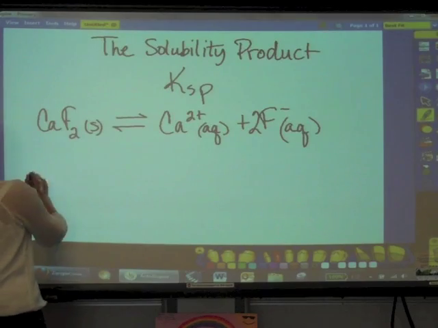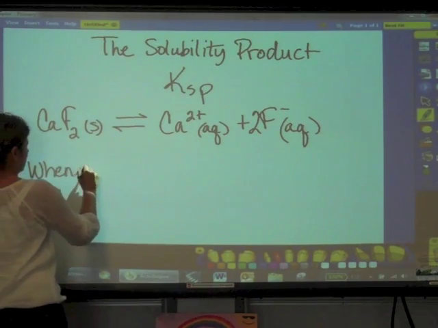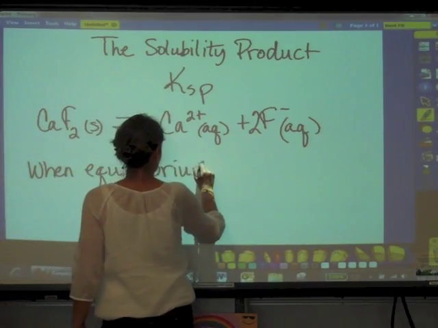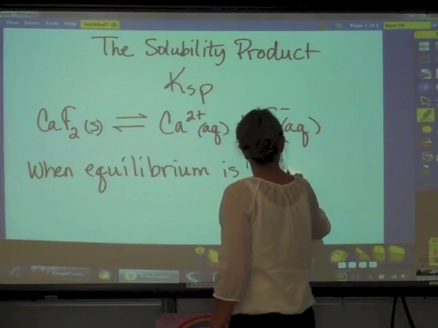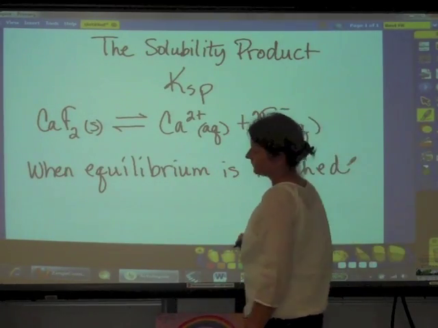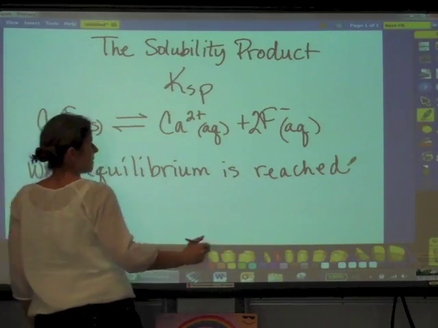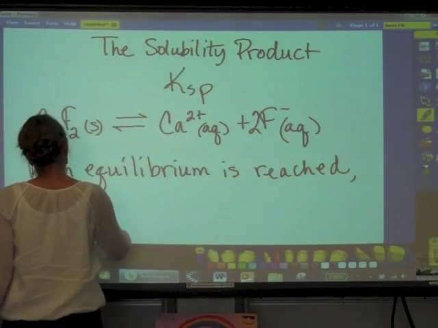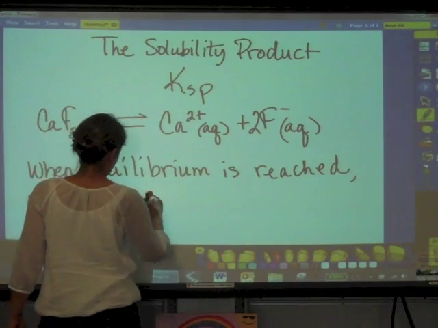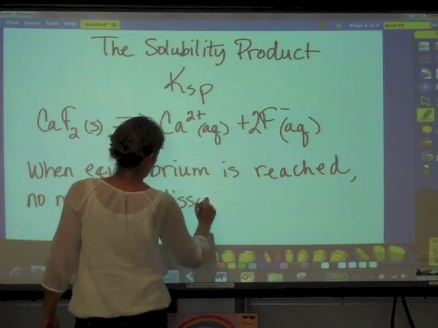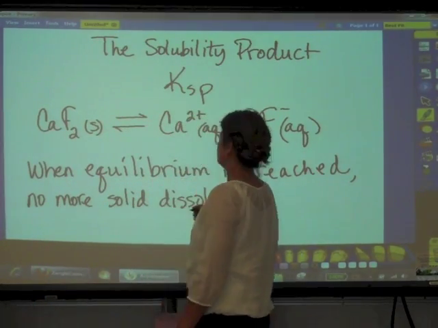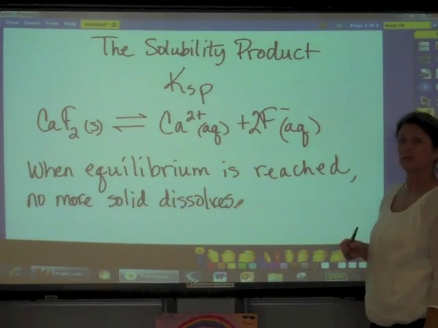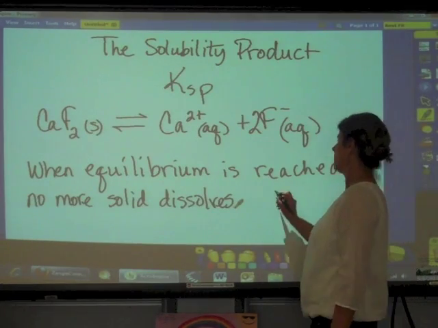So when equilibrium is reached, no more solid dissolves. And basically what we can say at that point is that the solution is saturated, that no more is going to dissolve. So the solution is saturated.